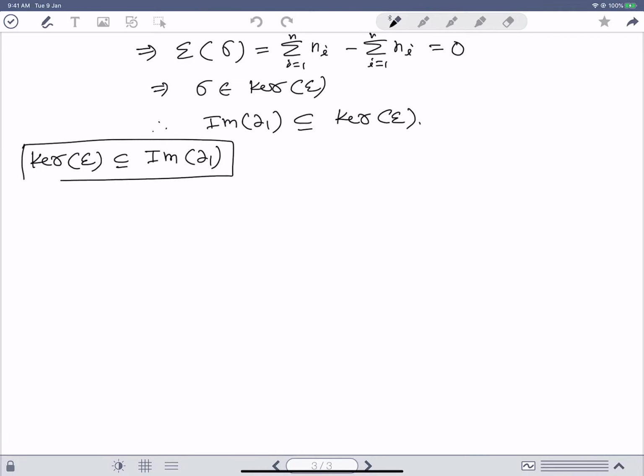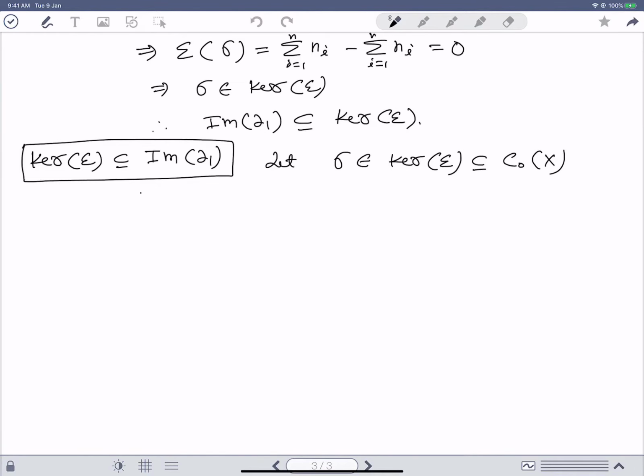Okay, so again, let sigma belong to kernel of epsilon. Okay, so what is kernel of epsilon? So this is a subgroup of C0(X).